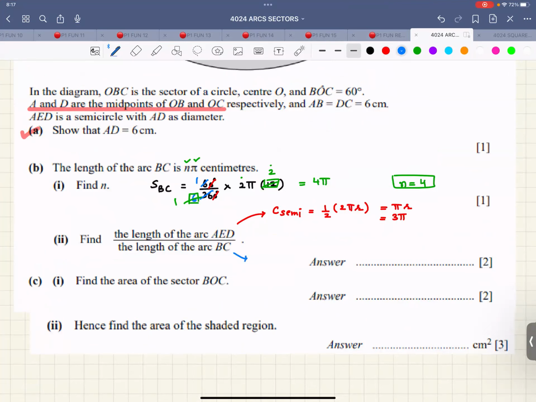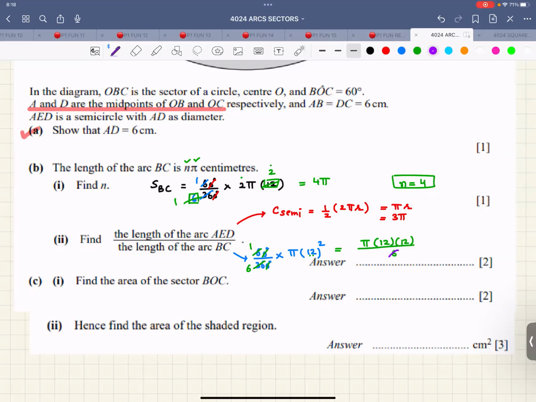Similarly, length of arc BC is 60 over 360 into pi into r square. What is r? That is 12 square. So therefore, the zeros cancel. 6 ones are, 6 6 are. 12 square is 144, or I can even write this as pi into 12 divided by 6.